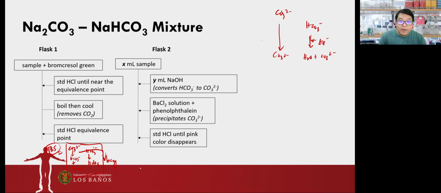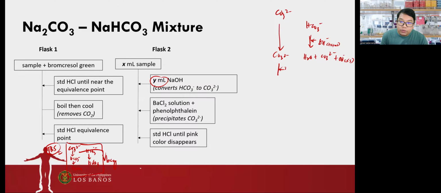Next is, nag-add tayo ng barium chloride. So, syempre, since excess tong ating NaOH, meron yang OH minus na in excess. Okay? Next ay, nag-add tayo ng barium chloride.